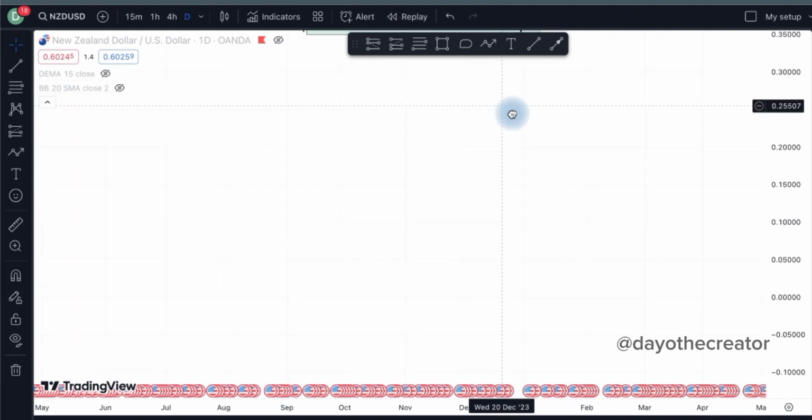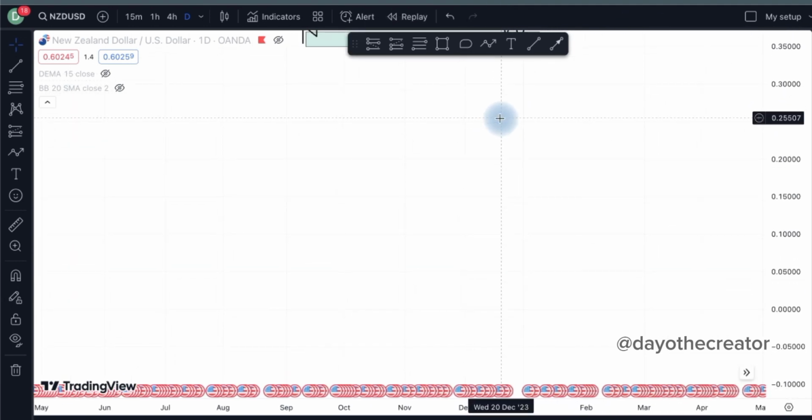Now there are different types of liquidity, or inducements. The first type of inducement liquidity that we are going to be looking at is our trend line liquidity.